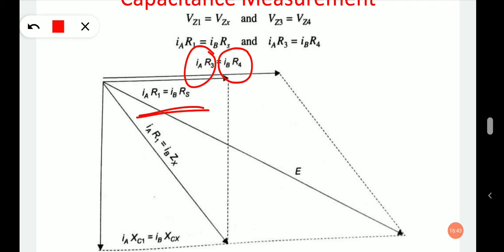Now, as C1 and Cx are purely capacitive, the currents IA and IB through them lead their respective capacitive voltage drops IAXC1 and IBXCX by 90 degrees.